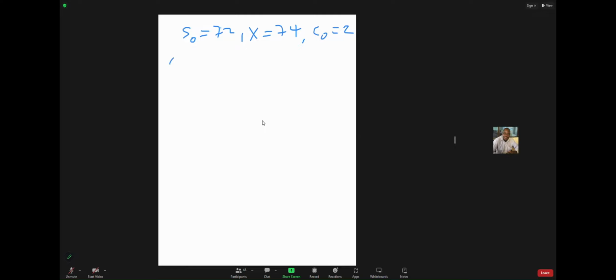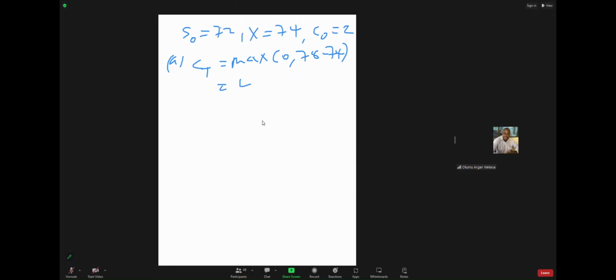Then A, you are asked to compute value at expiration, which is CT, the maximum of either 0 or ST minus X. ST is 78, minus X, which is 74. So you take either 0 or whichever is greater. In this case, 78 minus 74 is greater than 0.